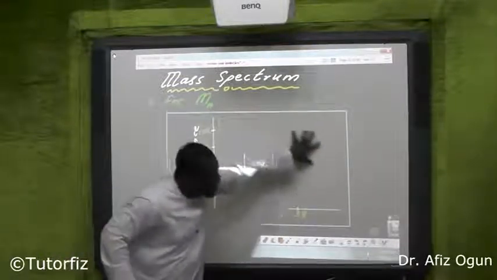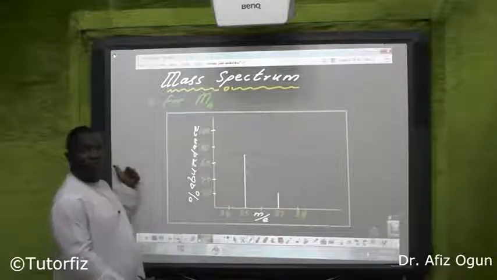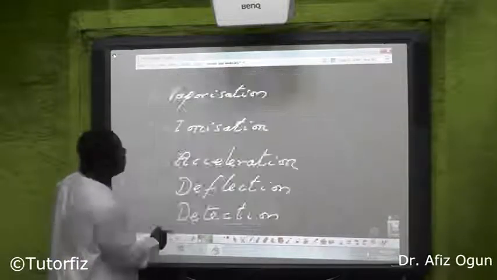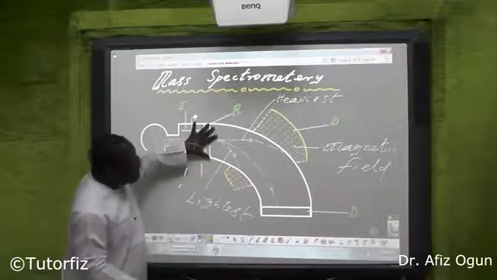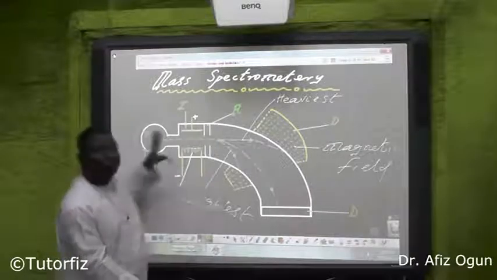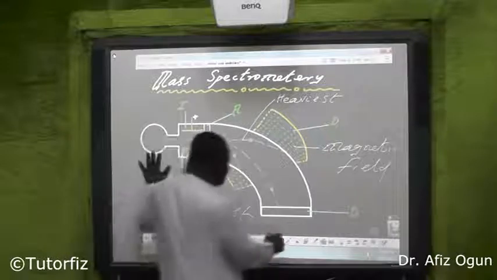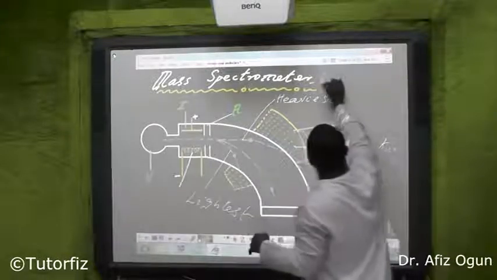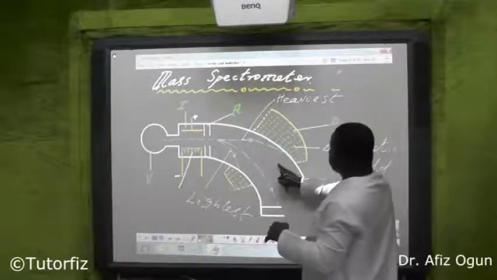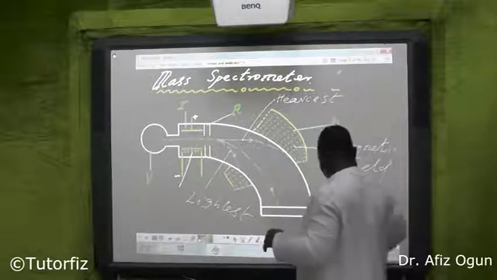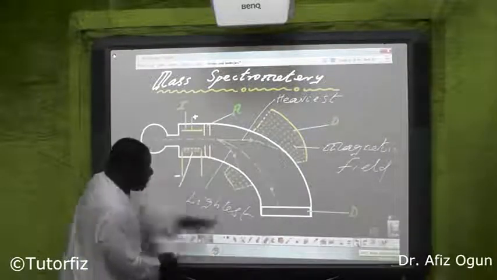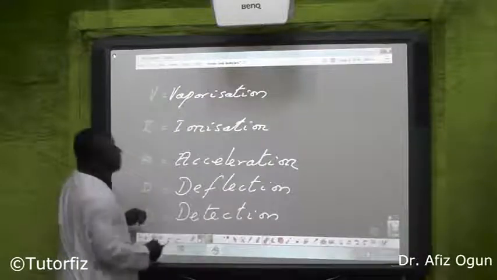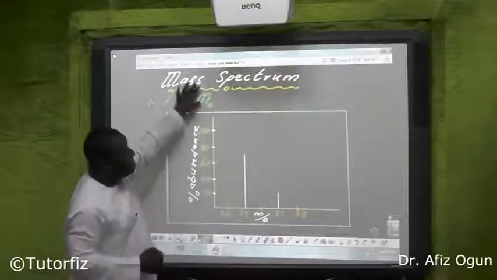This is the mass spectrometer, this instrument. The whole process is mass spectrometry. And the result that comes out from here is the mass spectrum.